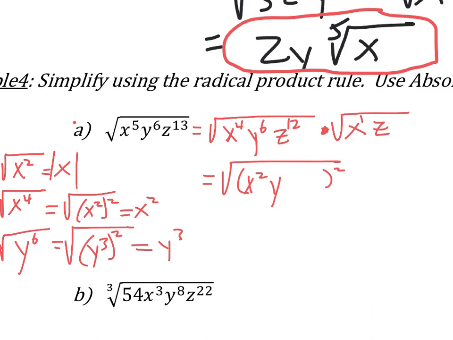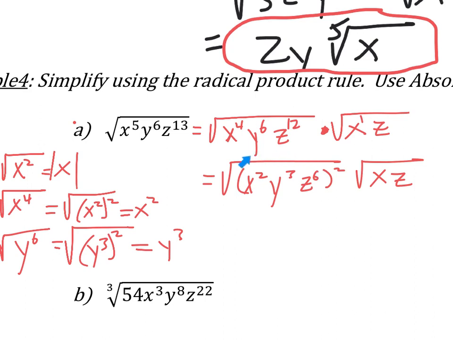How about y cubed? Y to the third power squared, that would be third squared, that's going to be y to the sixth. And then z to the sixth. And then we've got xz, the leftovers that we have here.